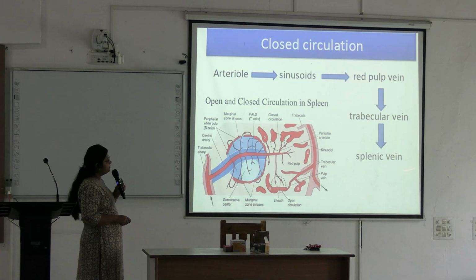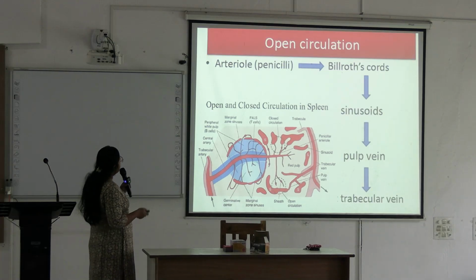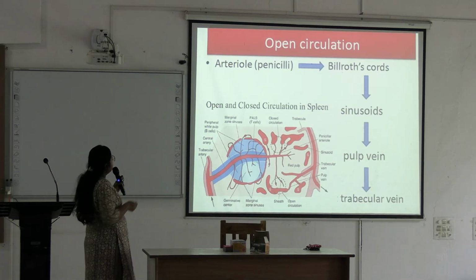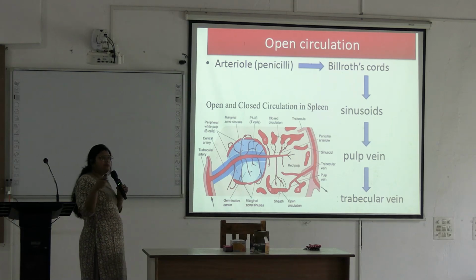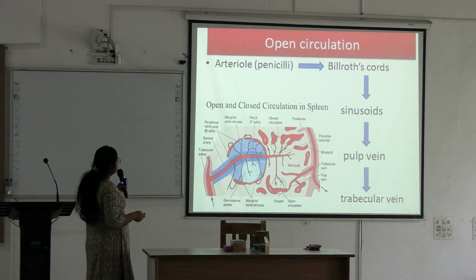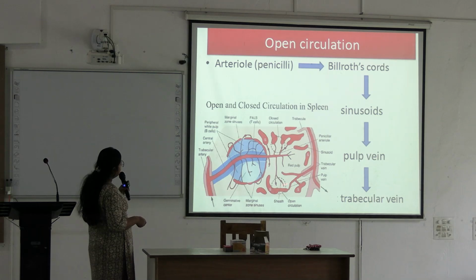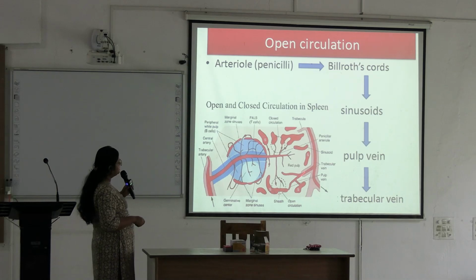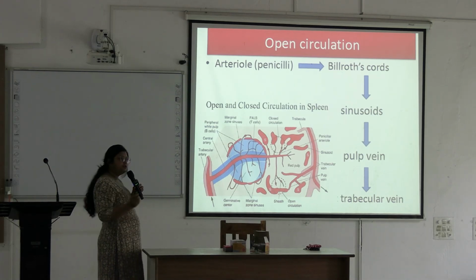It is going to form the splenic vein. And in open circulation, penicillar arteries are opening into the Billroth cords or open spaces. Okay, open spaces are known as Billroth cords. Here it's open circulation, and from there blood is going to the sinusoids, forming the red pulp vein, and then forming the trabecular vein. Okay.